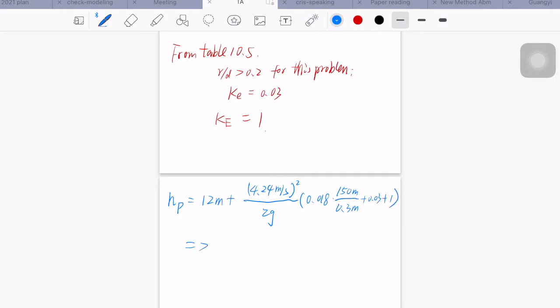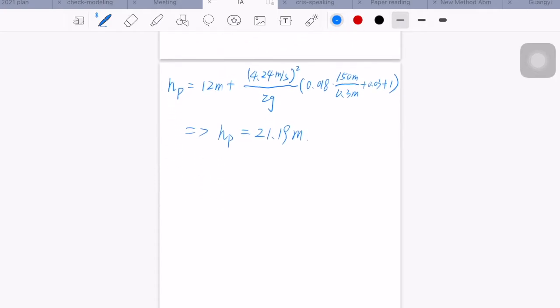So we can find that the HP should be equal to 21.19 meters.